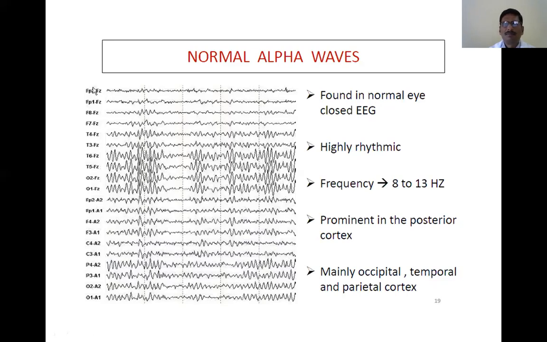That is called alpha block. Normal alpha is an example of synchronization, and alpha block is otherwise called desynchronization, because the normal regular wave pattern is disrupted. It is prominent in the posterior cortex, mainly in the occipital, temporal, and parietal cortex. In these areas, normally you will find recording of alpha waves.